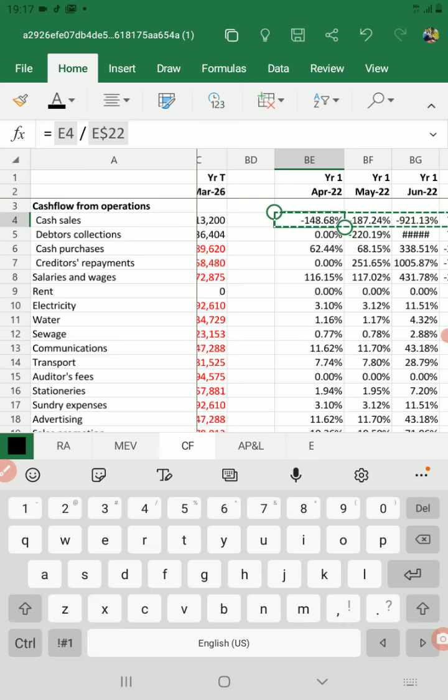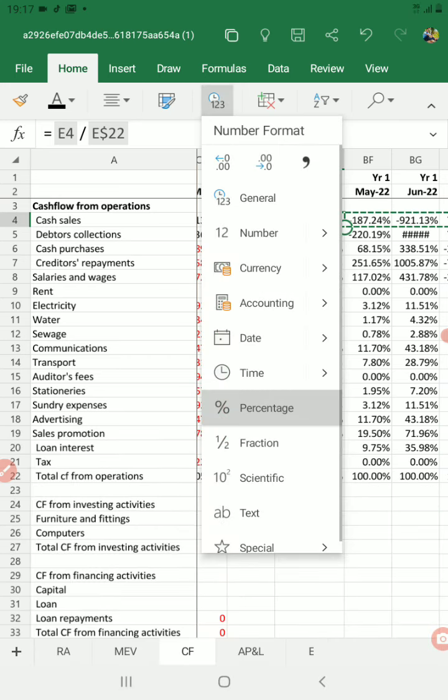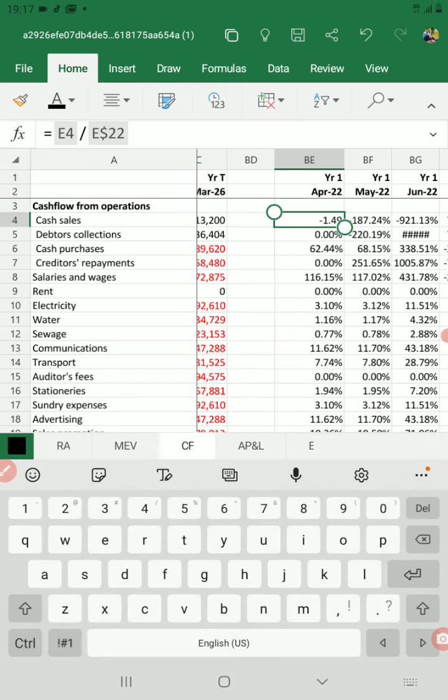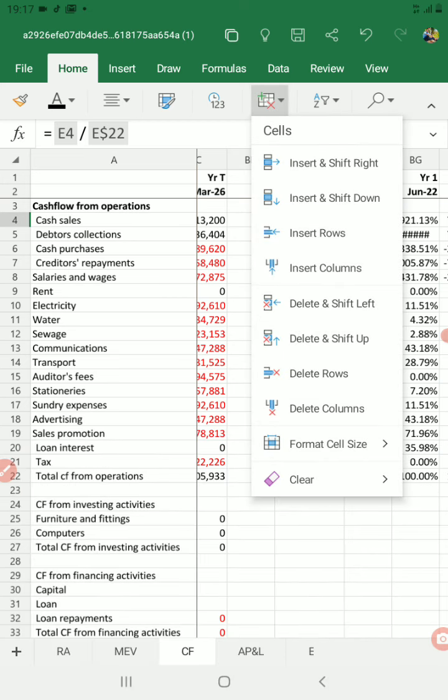And for doing that, that means now we are not going to use the percentage format here, and instead we are just going to use number.